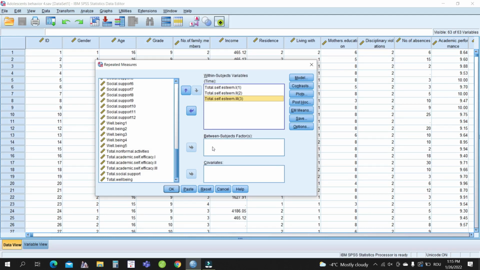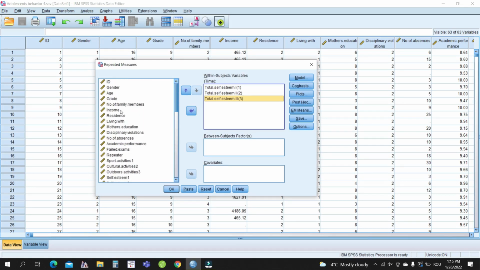Now, in the next area below, called Between Subjects Factors, I will introduce gender, because gender is our second factor, represented by the 2 independent samples of boys and girls. So, I will introduce here the gender variable.